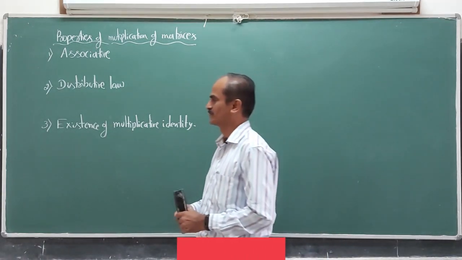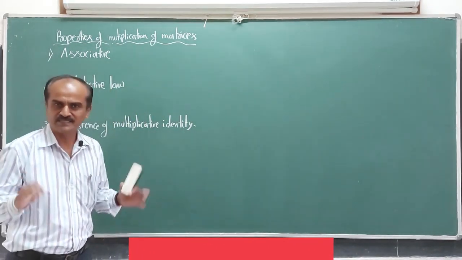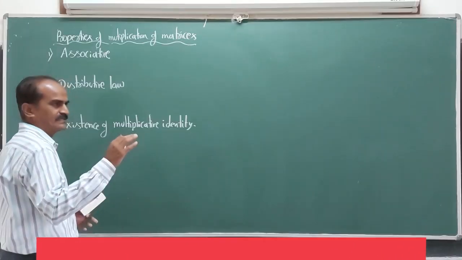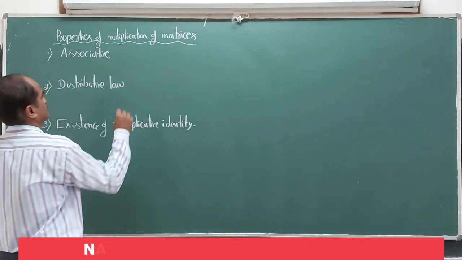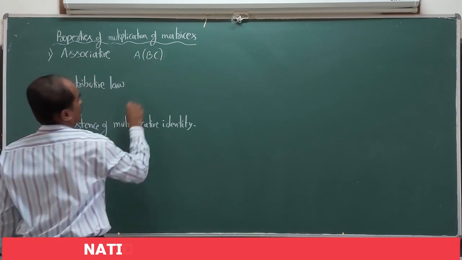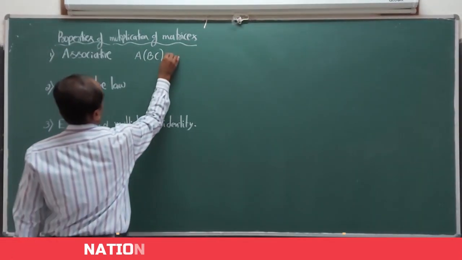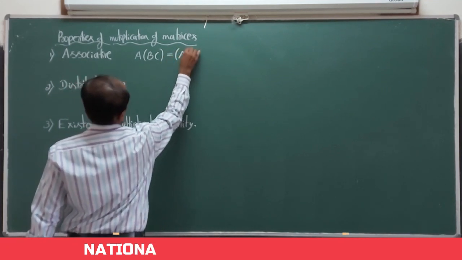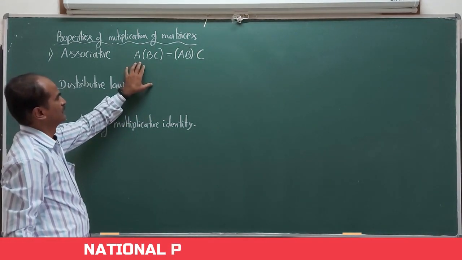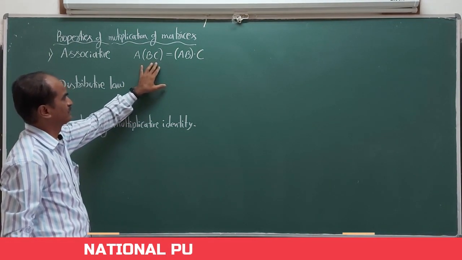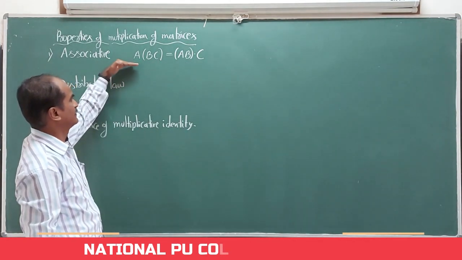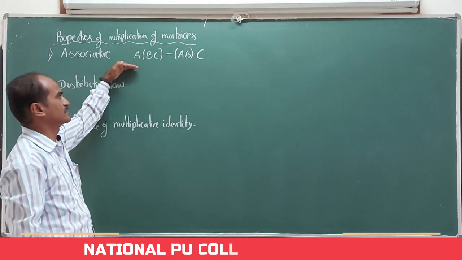That is, if A, B, C are matrices such that AB, BC are defined, then A times BC is the same as AB times C. Provided BC is defined, the resulting matrix must be able to multiply with A. If all those conditions are satisfied, then it is going to satisfy the associative axiom.